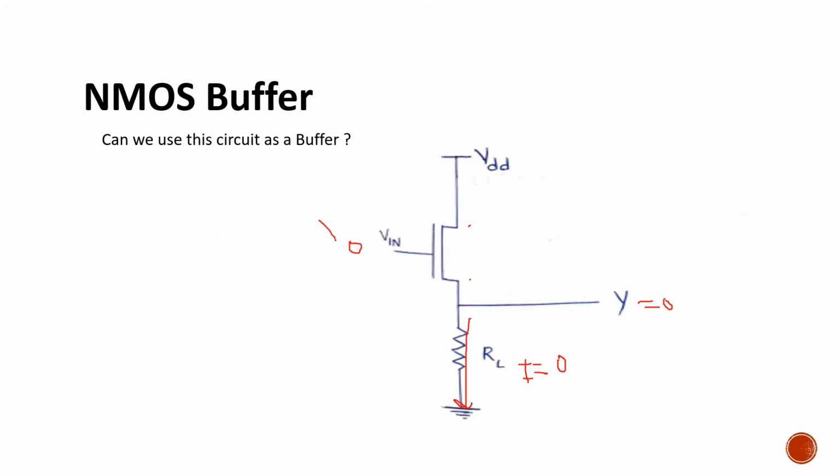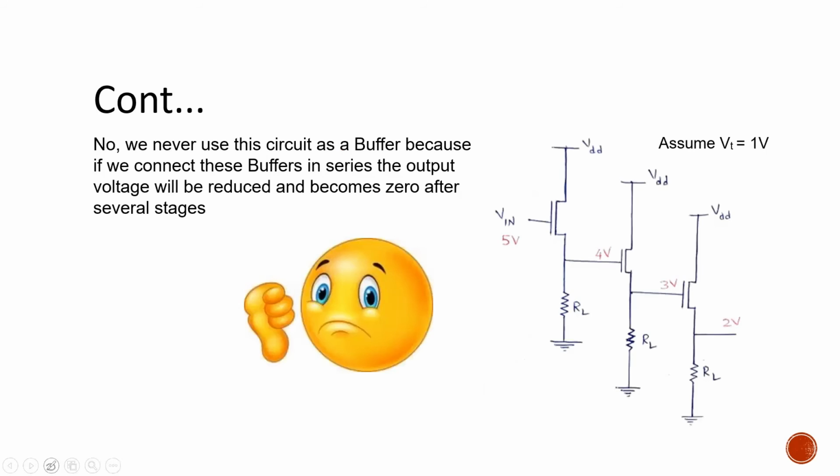Okay. We have given input 0, output 0. Buffer. No. Let's give input as 1. This NMOS becomes on so that current flows through this load resistor. Hence, there is a drop across this resistor, which is VDD only. So it's a logic 1. We applied 1, we got 1. So can I take this circuit as an NMOS buffer? No. Why? What is the solution?